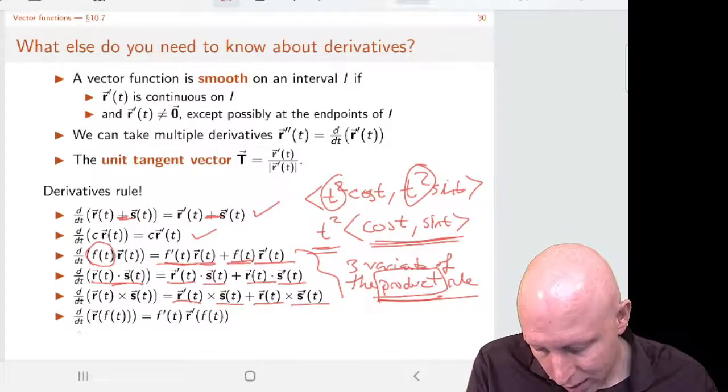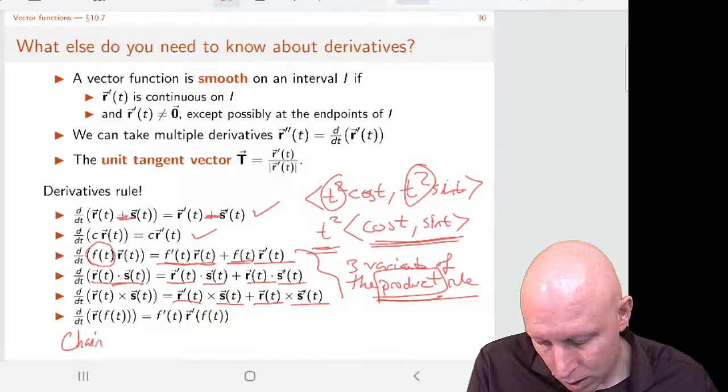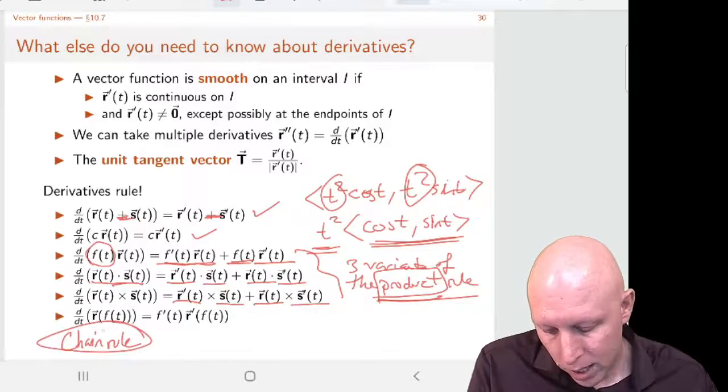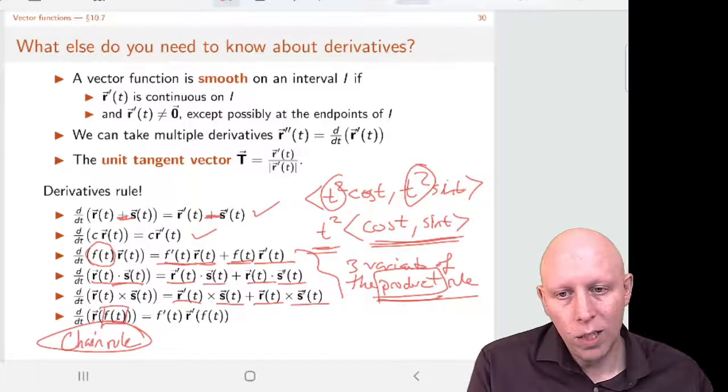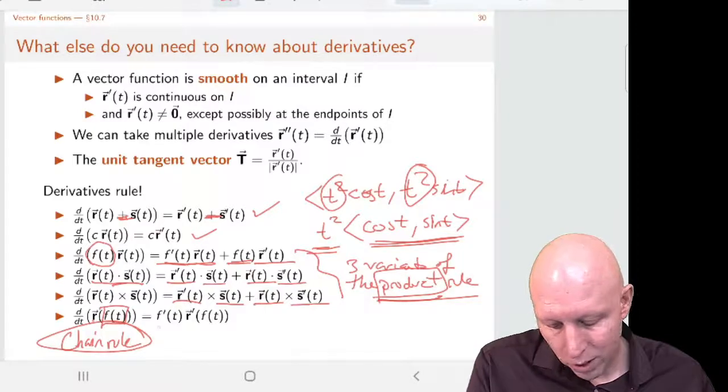And the last thing here is the chain rule, which says if you're taking a vector function of a single variable function, then you have to use the chain rule.